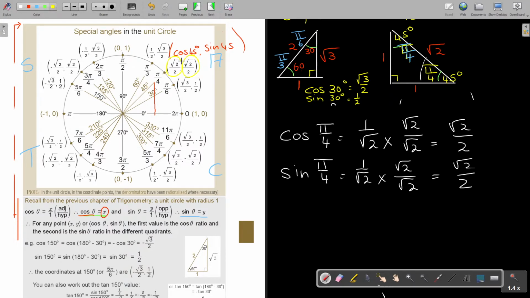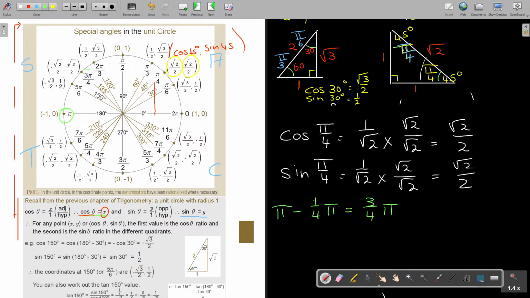Before I go to tan, what will pi over 4 be in this quadrant? I'm in radians now. Remember, this is pi. So you say pi minus a quarter pi, or pi over 4. And what is that going to be? That's going to be 3/4 pi.